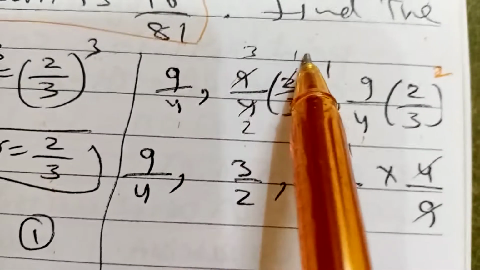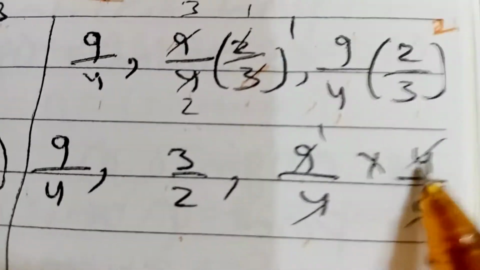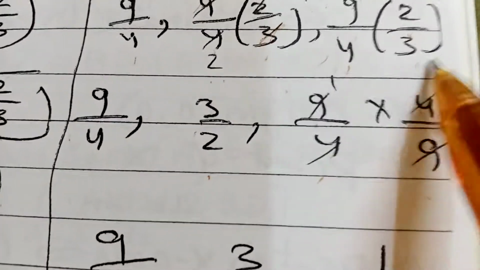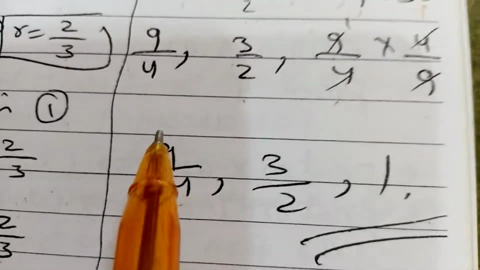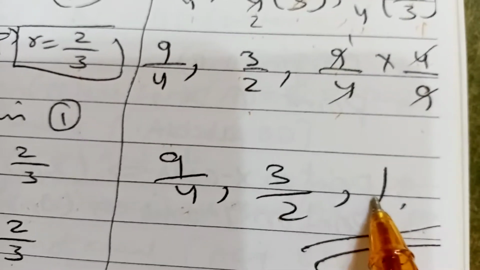So 3 ones are 3 by 2, comma, 9 as it is, 4 as it is. 2 square is 4, 3 square is 9. 9 cancels one, 4 cancels one. So the geometric series is 9 by 4, comma, 2 by 3, comma, 1.